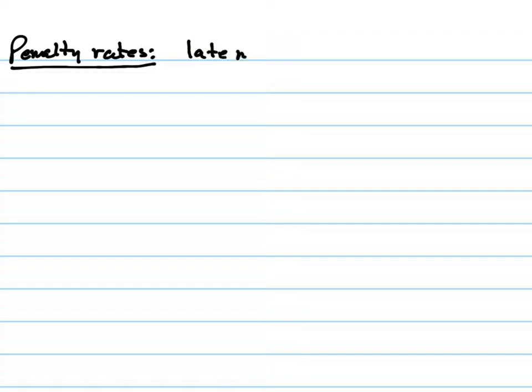The next one we want to look at are what are called penalty rates. And these happen when you work either late at night or on a public holiday. And they vary depending on the type of employee that you are. So these are for late nights and public holidays.